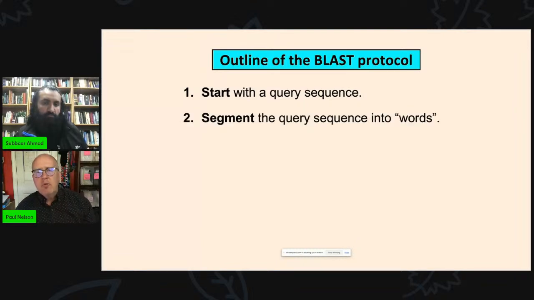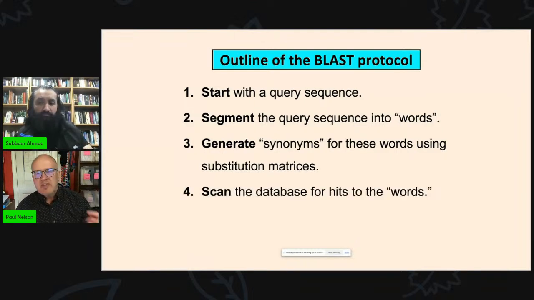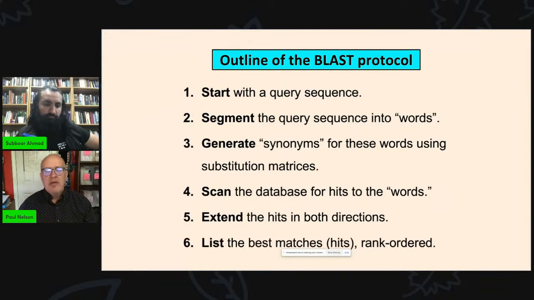The algorithm will break the query sequence into words to give them a name. It will look for synonyms, or it will generate synonyms of those words using substitution matrices. I'll explain what those are in a moment. Scan the database for hits to these words. Extend the hits in both directions. I'll go through this in just a moment. And then give you the best matches, rank ordered.